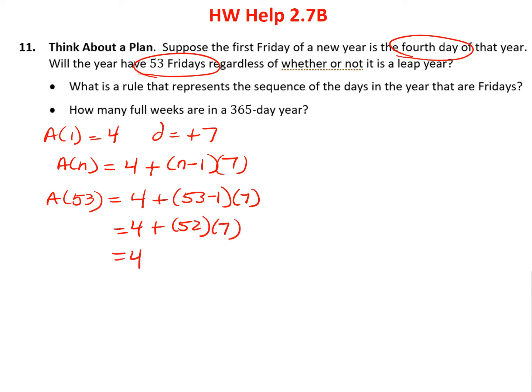Let's see what 52 times 7 is, 14, carry the, what? 5 times 7, 35, 364. So that ends up being 368 days. Well, the year only has 365. So as a result of that, we could say there will not be 53 Fridays.